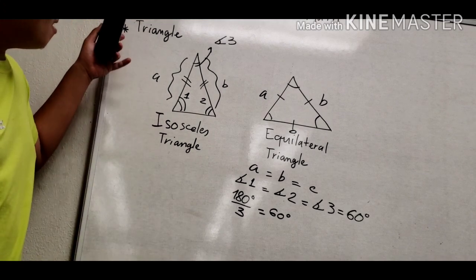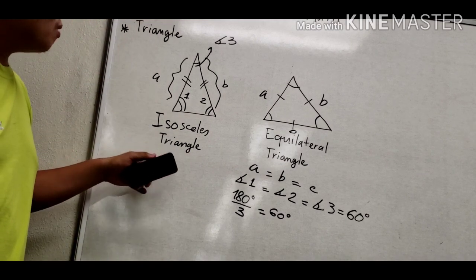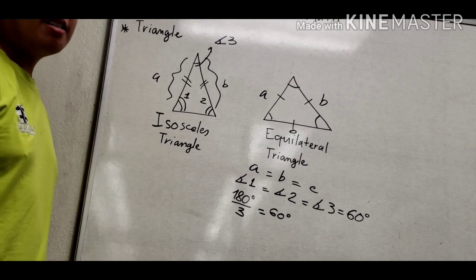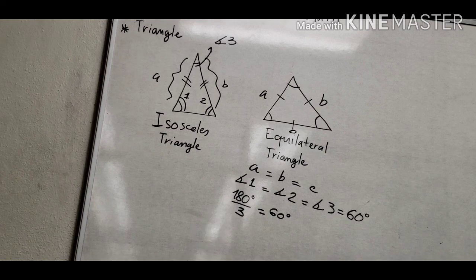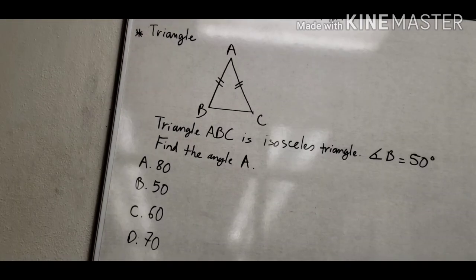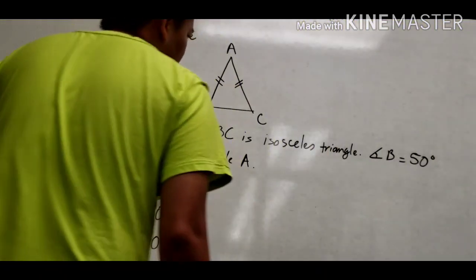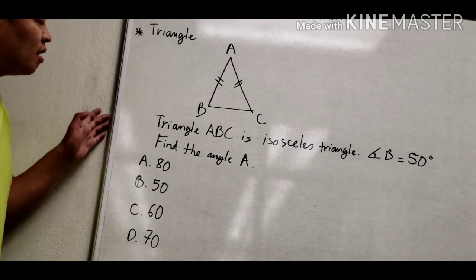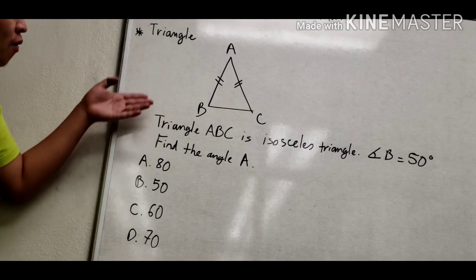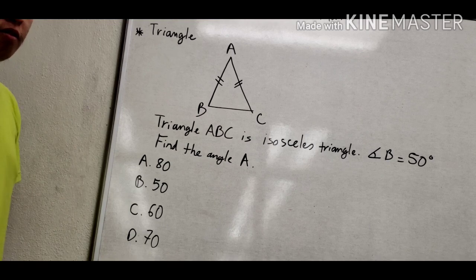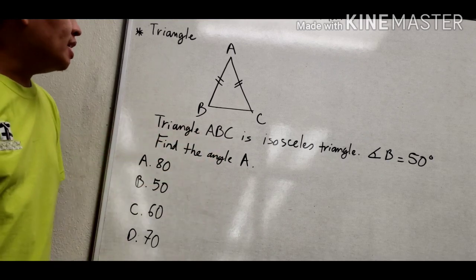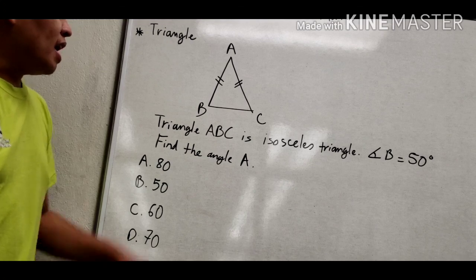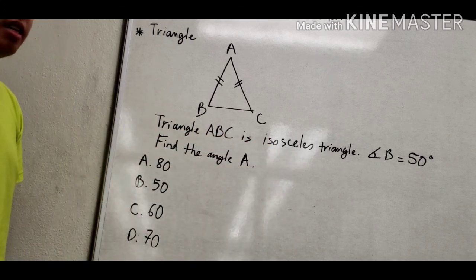And these are the two triangles you need to learn for the SAT math. On the SAT math, they provide you a triangle, and the question says triangle ABC is an isosceles triangle. Angle B is 50 degrees.